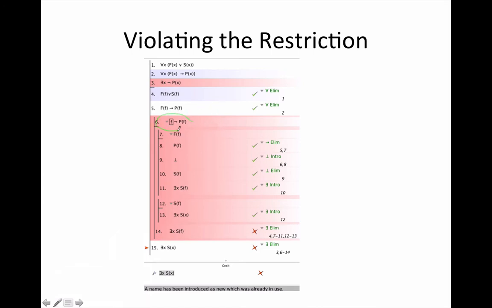At line 6, which is the subproof that eliminates the existential at line 3, assumes a name from which the conclusion is to be derived, I'm using the constant F.